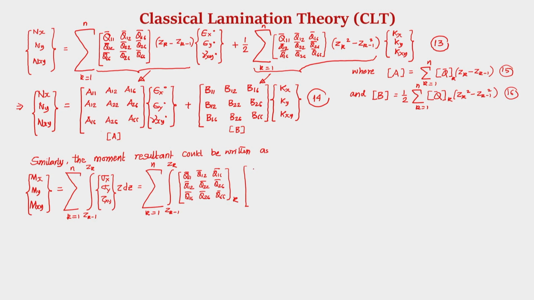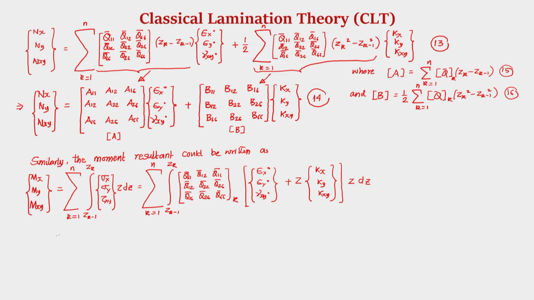So, this will be epsilon x naught, epsilon y naught, gamma x y naught plus z into k x, k y, k x y, and the whole thing integration z dz. Okay.